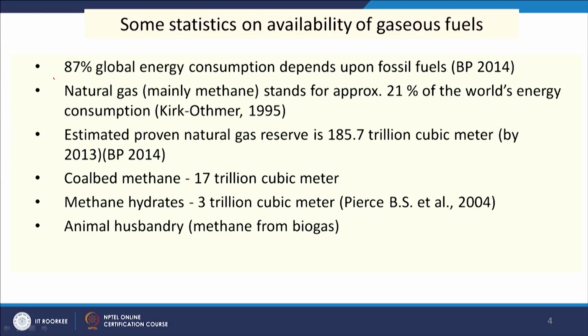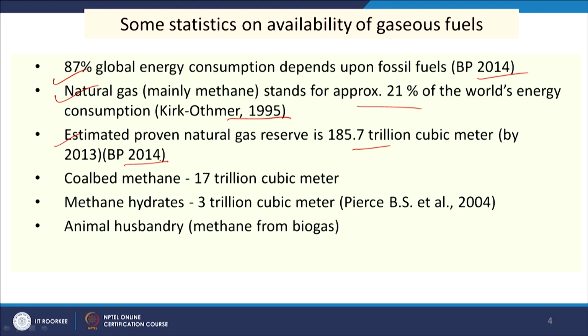Now, this slide shows some statistics on the availability of gaseous fuels. 87% of global energy consumption depends upon fossil fuels, as you know, and natural gas accounts for approximately 21% of the world's energy consumption as per this reference. It is estimated the proven natural gas reserve is 185.7 trillion cubic meter, per the British Petroleum 2014 report.